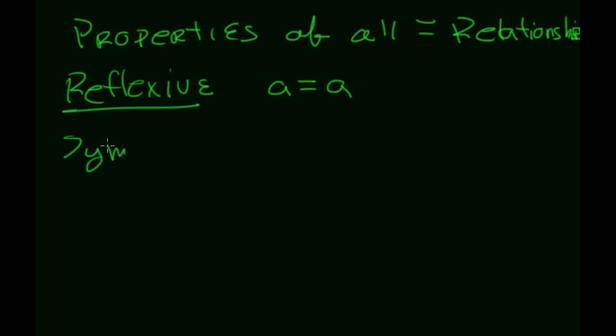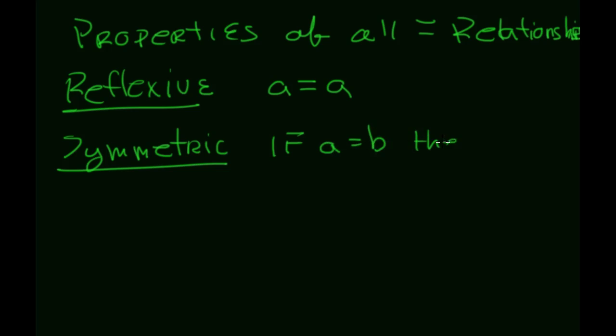One is called the symmetric property, which says that if A is equal to B, then you can write this backwards: B has to equal A. Kind of useful, again, fairly obvious.